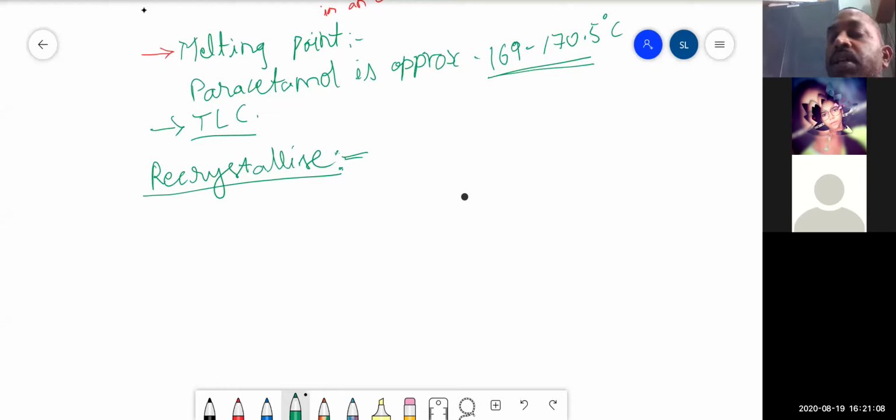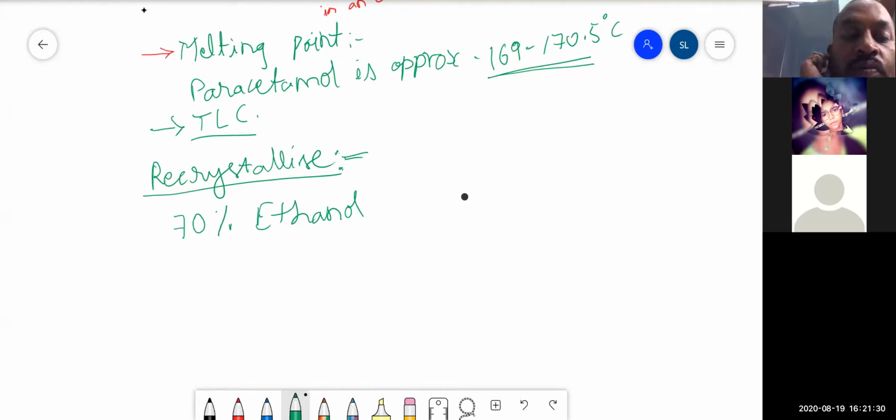So how do we recrystallize in this case? Here we are going to use a solvent. What is the solvent that we are going to use? We are going to use 70% ethanol. 70% ethanol is going to act as a solvent to dissolve the paracetamol that we have synthesized.